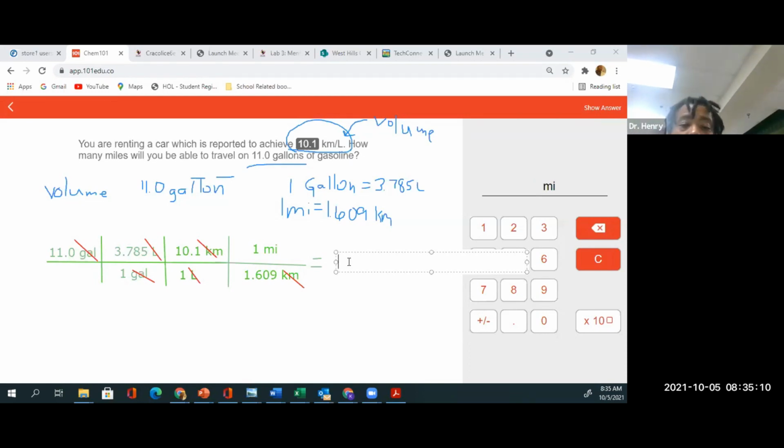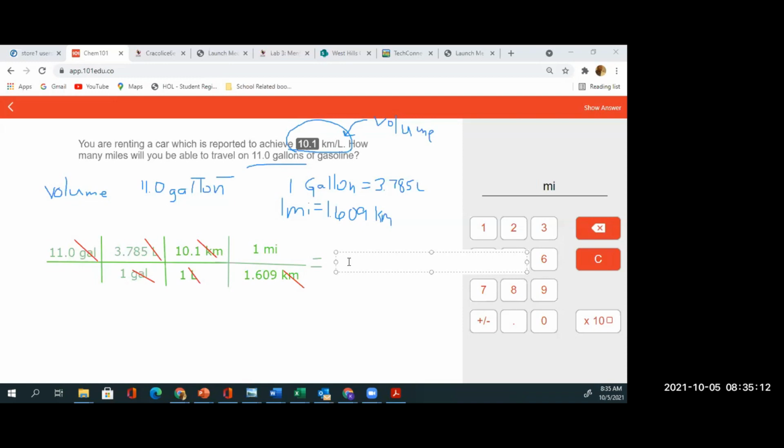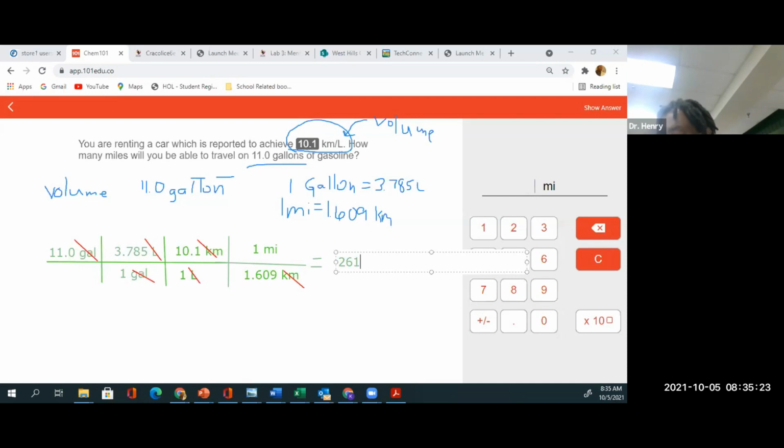Because we take the lowest number. And since they're both 3, okay, so I should end up with 261 miles. So let's see if that works out.